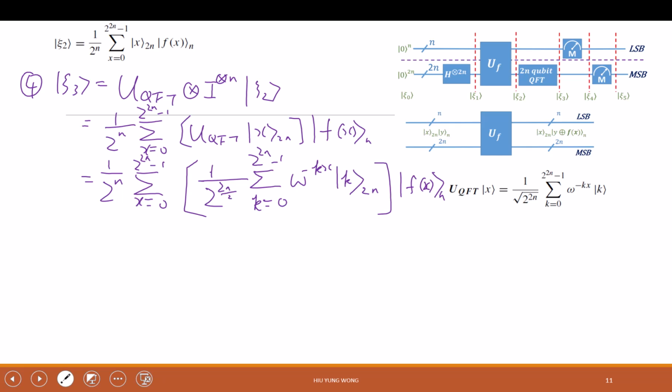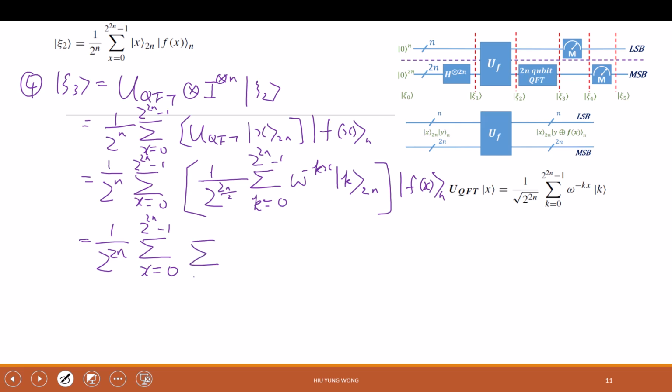Okay? So this is also not difficult. It's just math, right? So I just combine them together. This is 1 over 2 to the power n again. Then I combine with this one. It becomes 1 over 2 to the power 2n. First of all, then I keep this summation x equal to 0 to 2 to the power 2n minus 1.